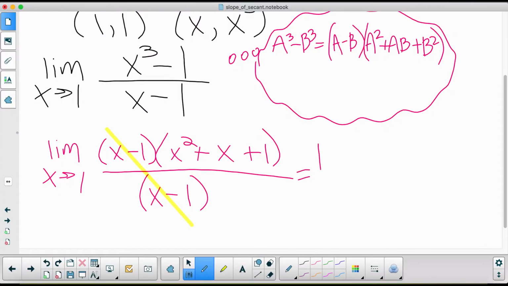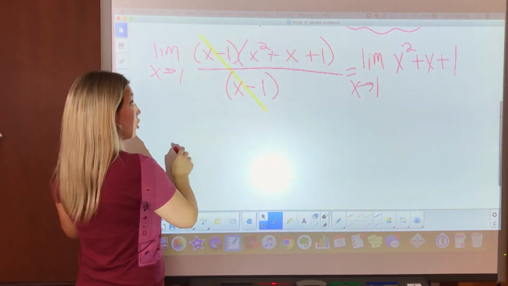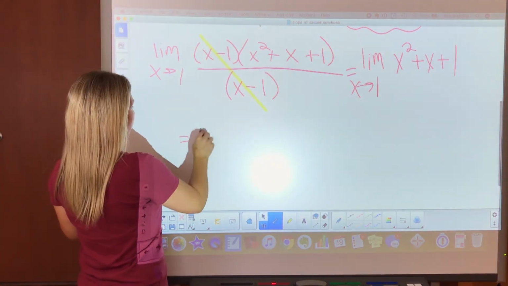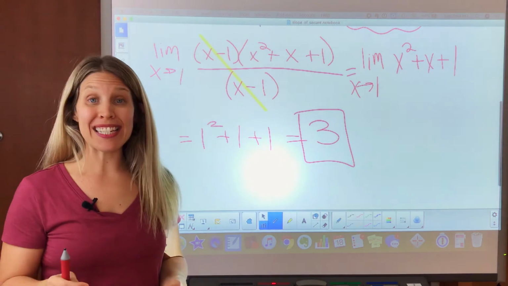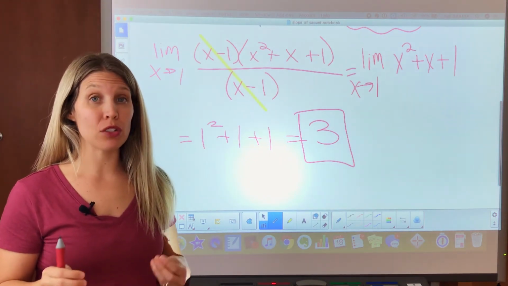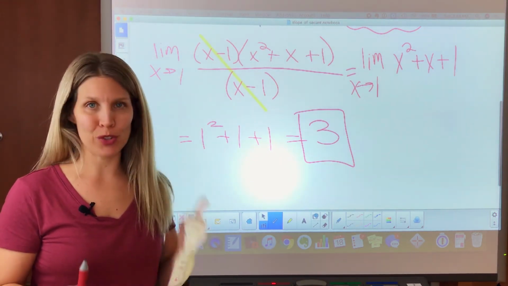So we're left with the limit as x goes to 1 of x squared plus x plus 1. And now what we can do with that is just plug in our x value. So that equals 1 squared plus 1 plus 1, total of 3. So our instantaneous rate of change for x cubed at 1 is 3.